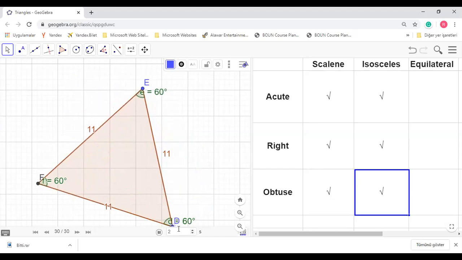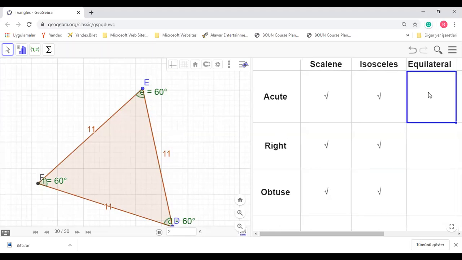Okay, what did you notice? Can we say something about its angles? Yes, we can. For all equilateral triangles, regardless of their side length, all angles are always equal to 60 degrees. So, equilateral triangles are always acute triangles. And the activity is over.